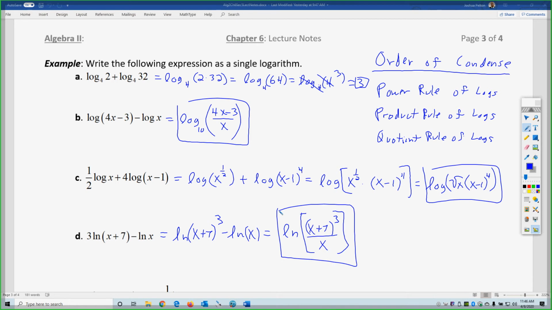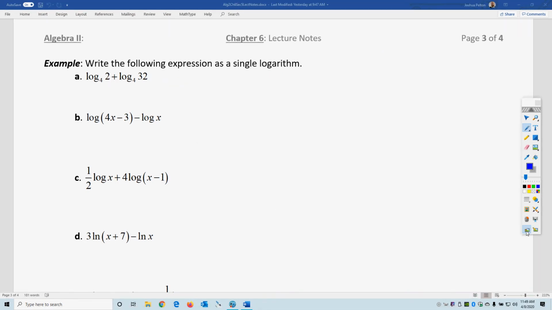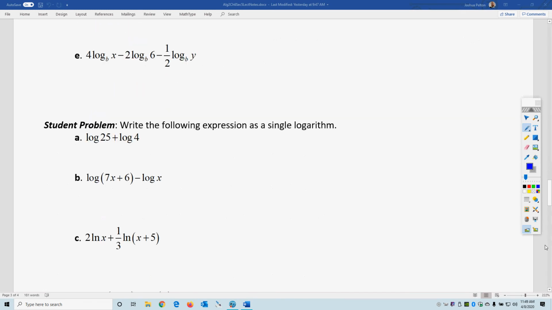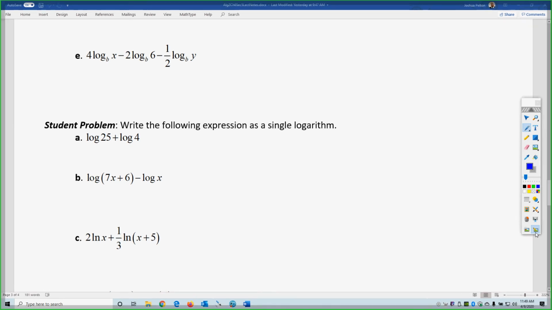Okay, and then question E involves all three rules. So you have to do them in the proper order to get the correct simplification. First one is the power rule.